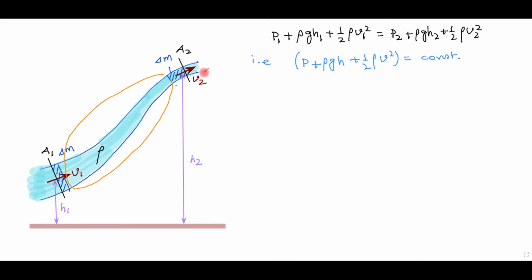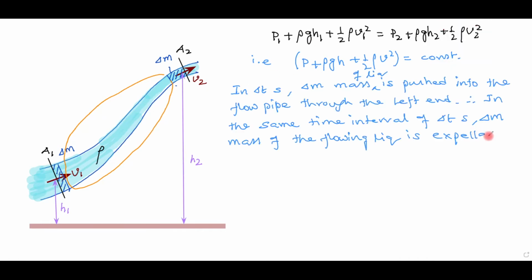So let us consider that this mass del m has taken del T second to go in. I think you have understood this part, because the volume of this portion is constant. So if 1 liter goes in, 1 liter has to come out in order to make room for the incoming liquid. So del m, I'll now write del m.